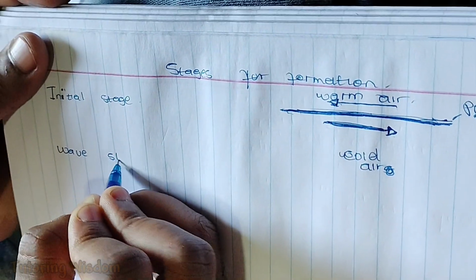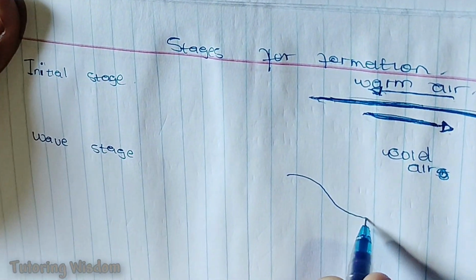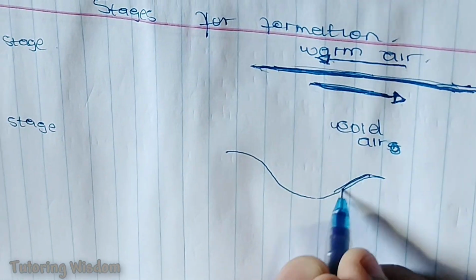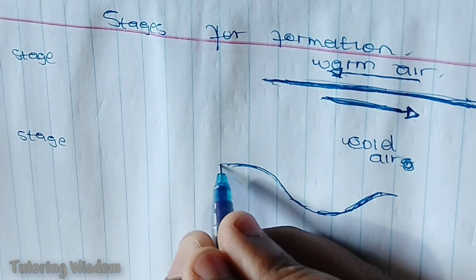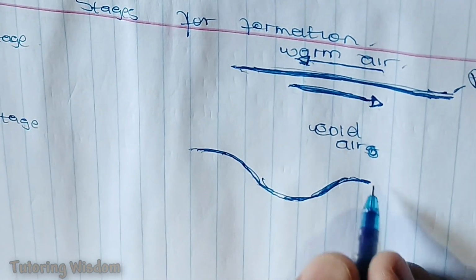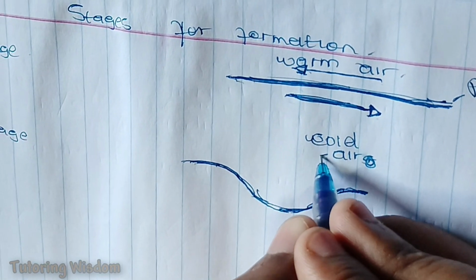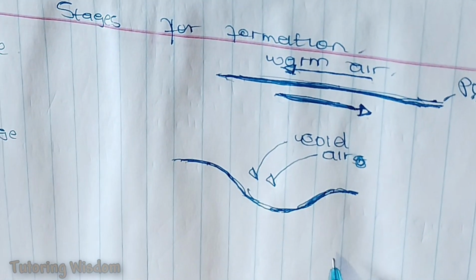Now, your wave stage, right? Your wave stage will look something like this. It's still your polar front, but frictional drag took place, right? So now frictional drag takes place and this warm air starts moving that direction.